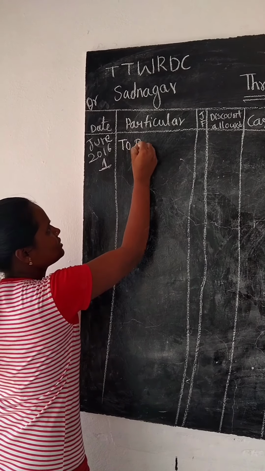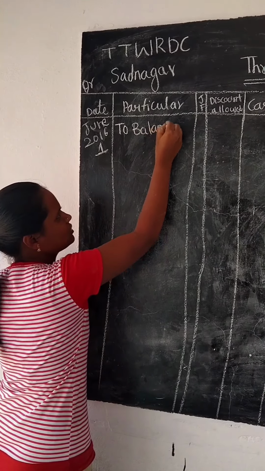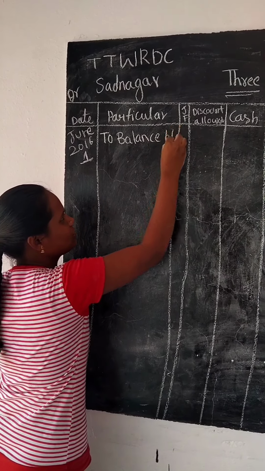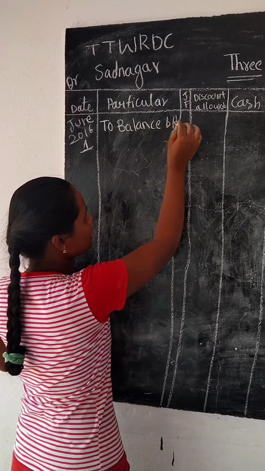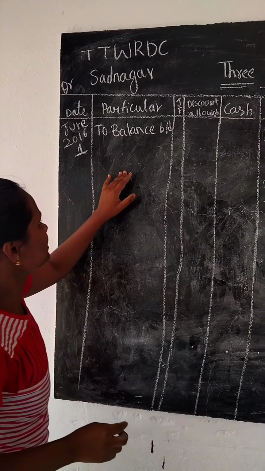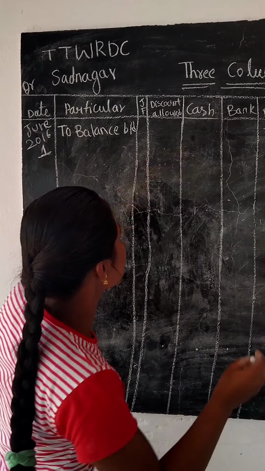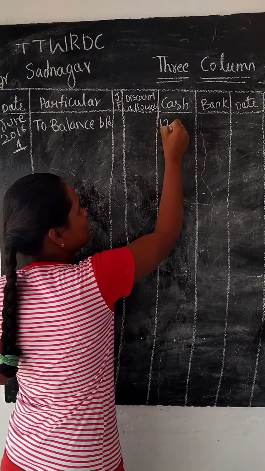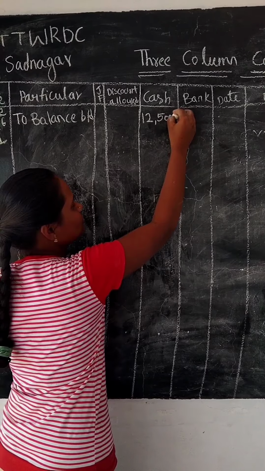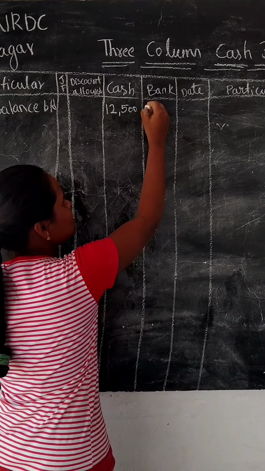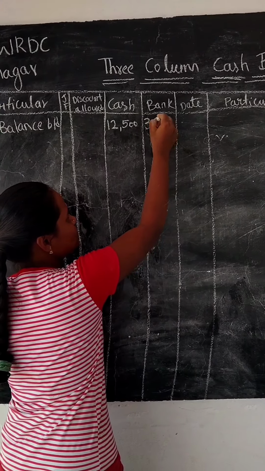To balance brought down means opening balance. Here in the question, the cash amount is 12,500 and the bank amount is 36,000.